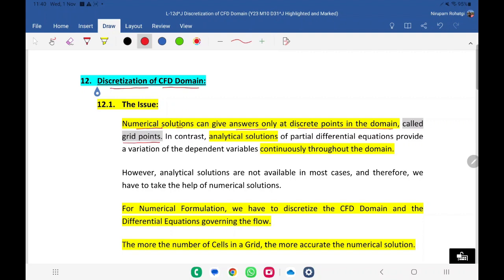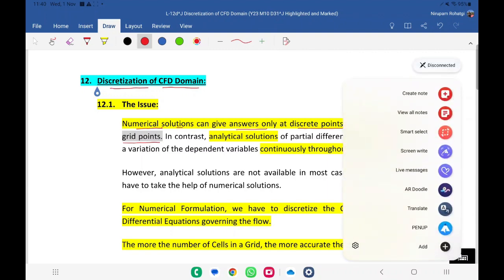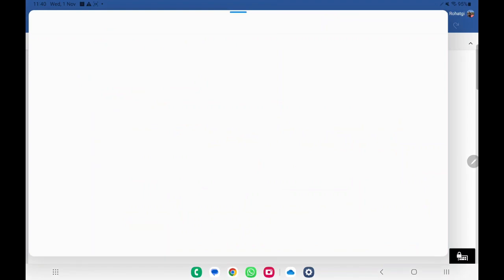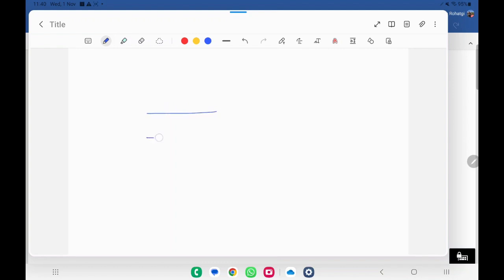Now when you are finding the numerical solutions, what you get is, if you have a grid here, what we mean by grid is this: this is our CFD domain, and we will talk in terms of 2D only, because that is what we can put on paper.